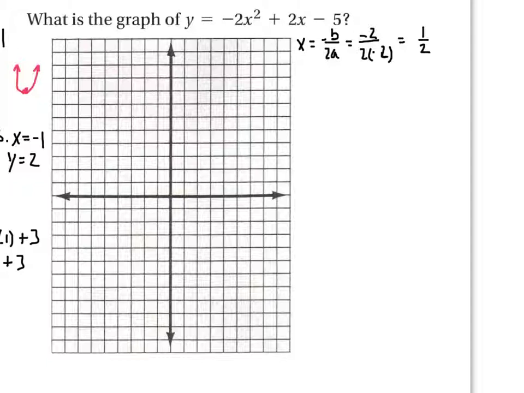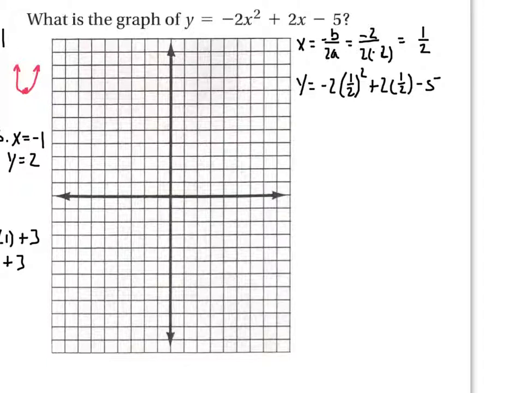All right, well, we got fractions. That's no big deal. We can still work with fractions. We have to take that fraction and plug it back into the original equation. So y equals -2 times (1/2) squared plus 2 times 1/2 minus 5.